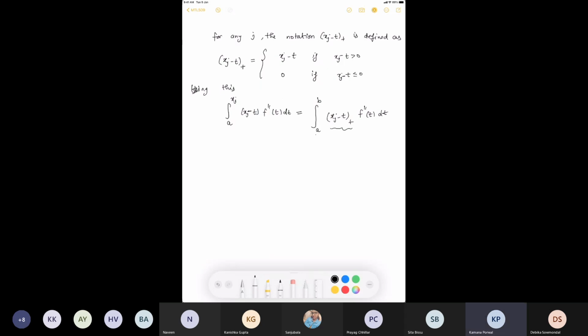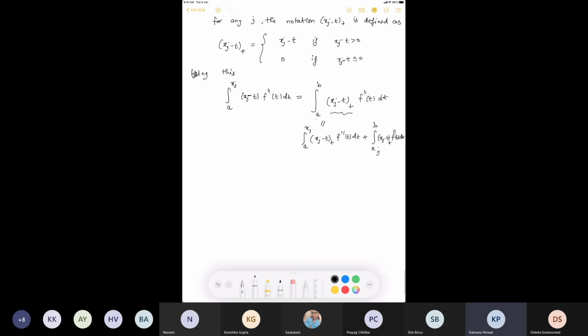The first part is the integral from a to xj of (xj minus t) plus f double prime t dt, and the other term is the integral from xj to b of (xj minus t) plus f double prime t dt. Now in this interval, what will happen to this function xj minus t? Here t is ranging from a to xj.